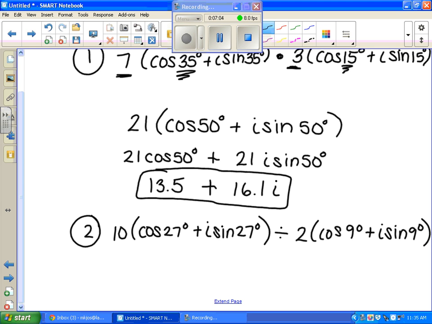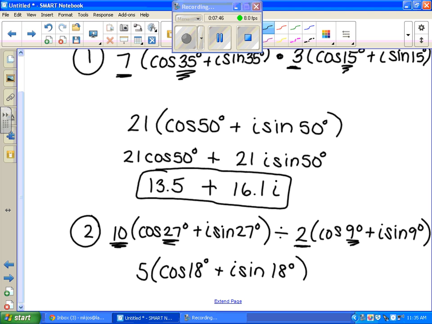Since this is a division problem, or a quotient problem, all you're going to do with your r's is divide them. 10 divided by 2 is going to give you 5. And then you're going to put cosine plus I sine. And what goes after the cosine and the sine? Since this is a division problem, you're not going to add your angles. You are going to subtract your angles. So 27 take away 9 should give you 18 degrees.